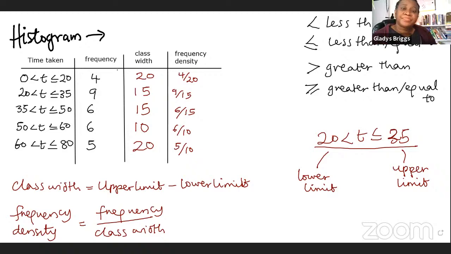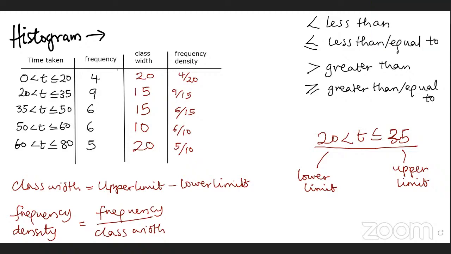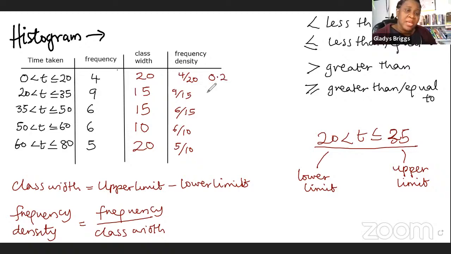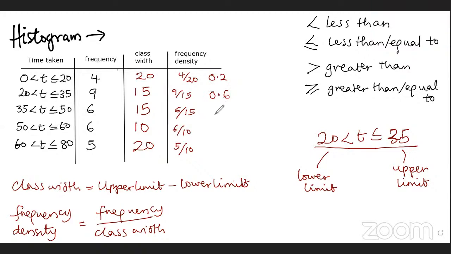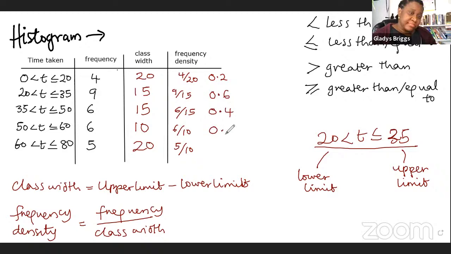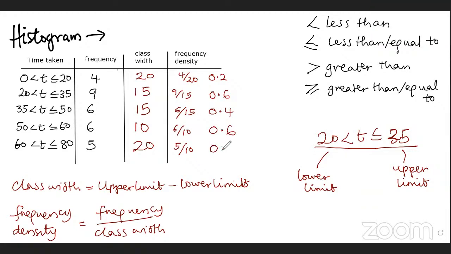Okay, 0.2, 0.6, good. 0.2, and this would be 0.6. And the next one, 0.4. And this one, 0.6. And the last one, 0.5, sorry.